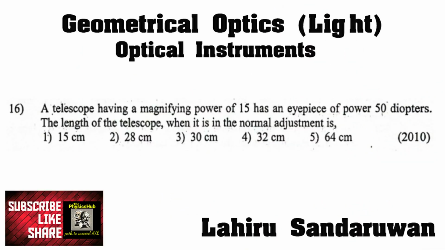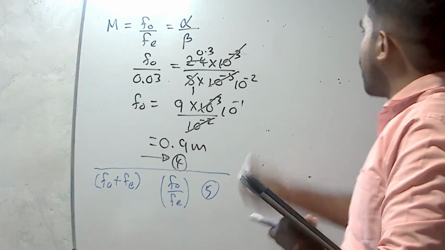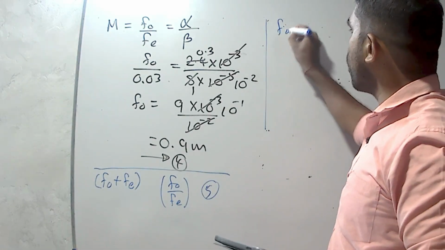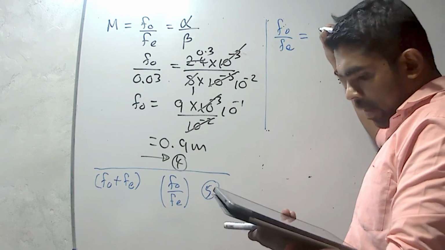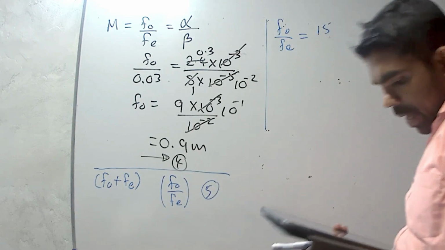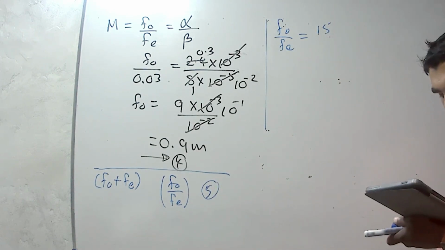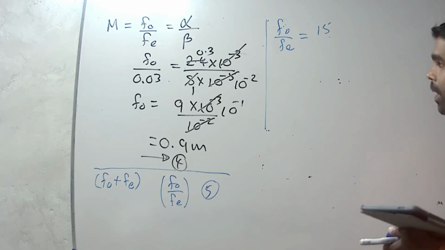A telescope having a magnifying power 15 has an eyepiece of power 50 diopters. The length of the telescope when it is in normal adjustment. Again, magnifying power is f naught over fe. It is given as 15. Power of eyepiece is 50 diopters.